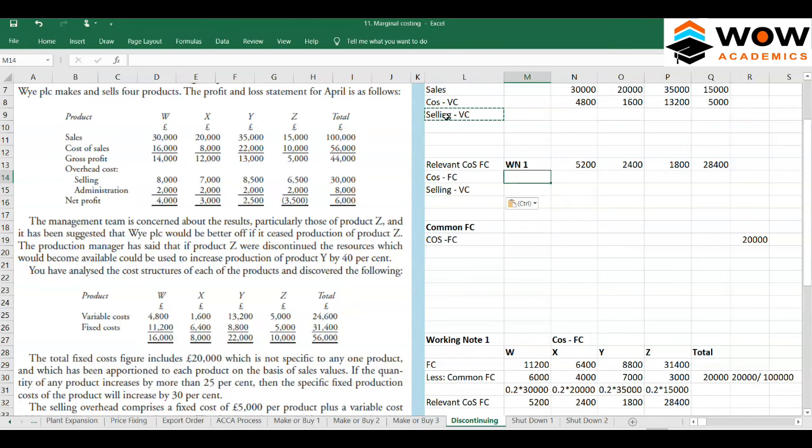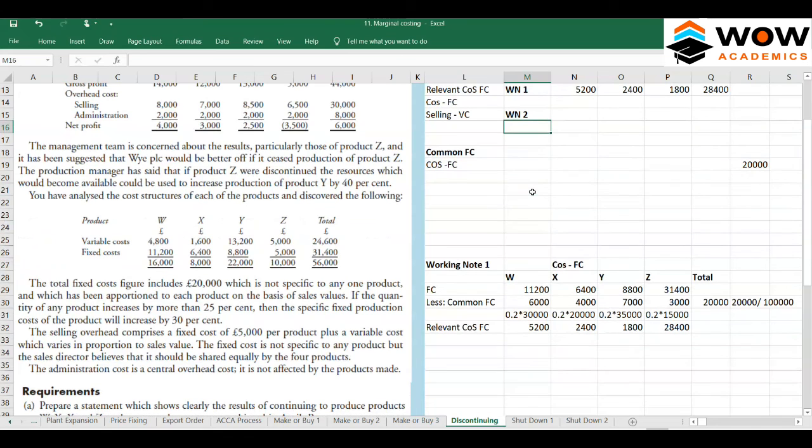Okay, so to do that, we have to do a working note. Let's see. So working note number 2 is going to be selling variable cost, and also selling fixed cost.